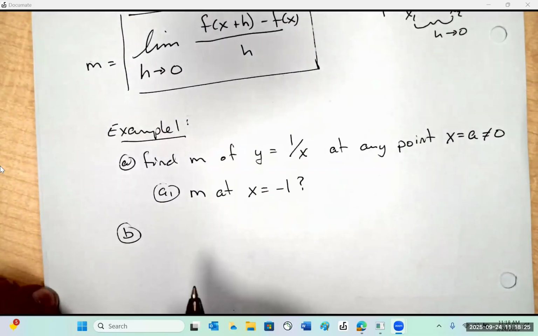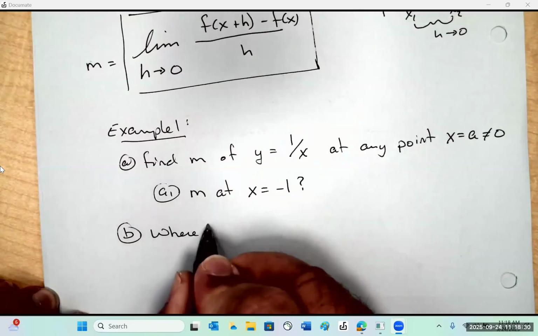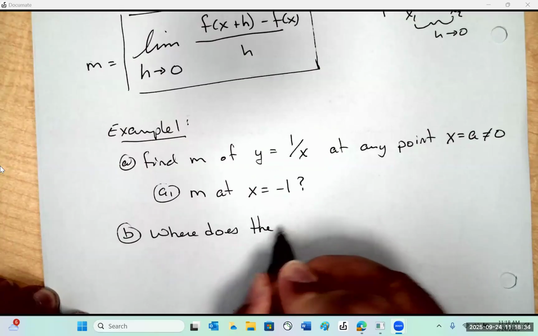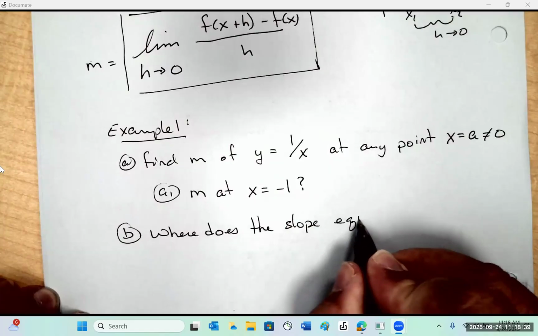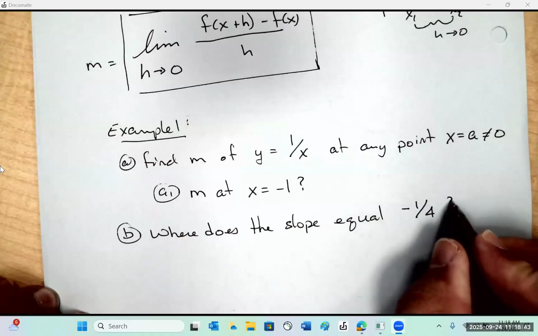Part B. Where does the slope equal -1/4?